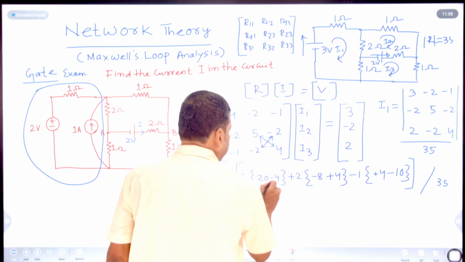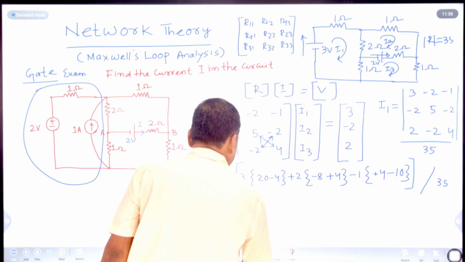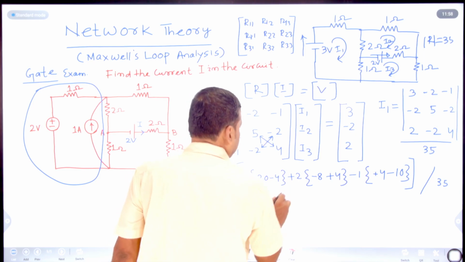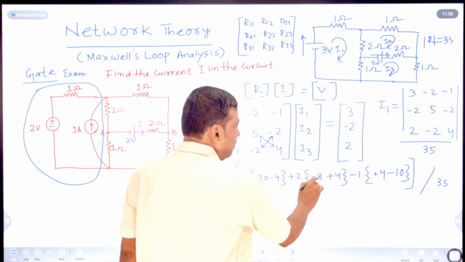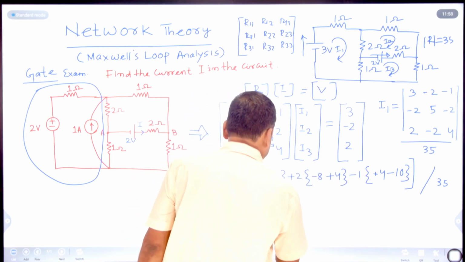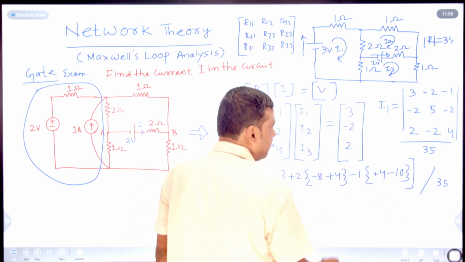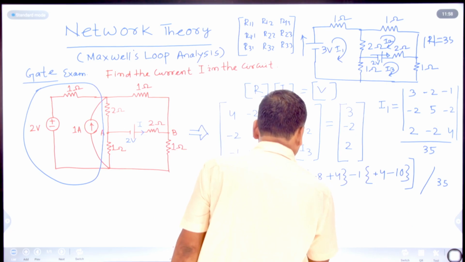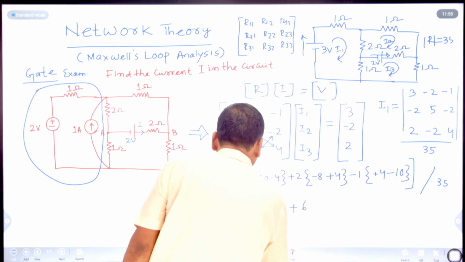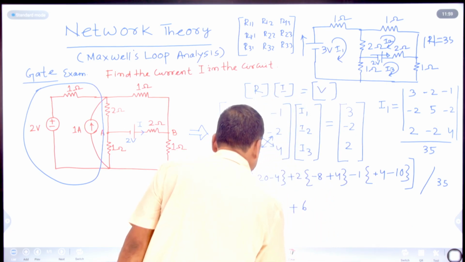So that will be equal to 3 into 20 minus 4, that is your 16. 3 into 16. Then minus 8 plus 4, that is your minus 4 into 2, minus 8. Then minus 4 minus 10, minus 6. Minus 6 into minus 1, that is your plus 6. That is your 48 minus 2.